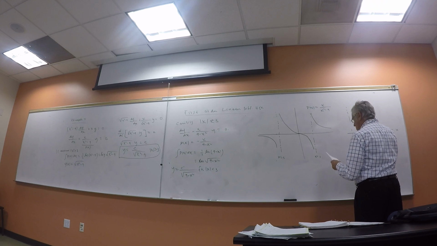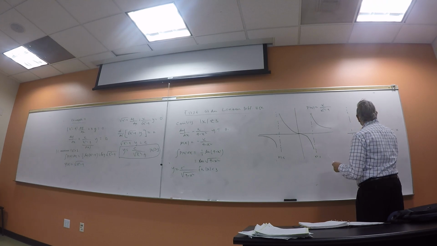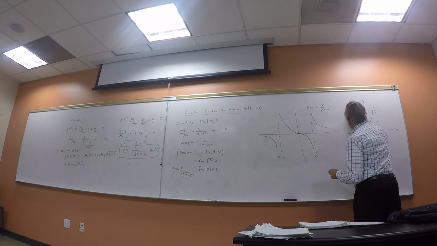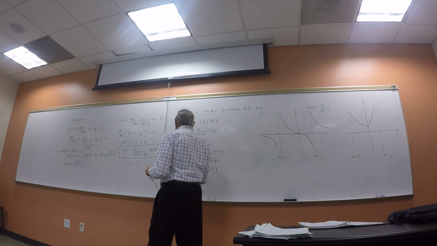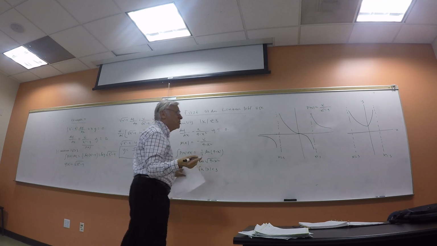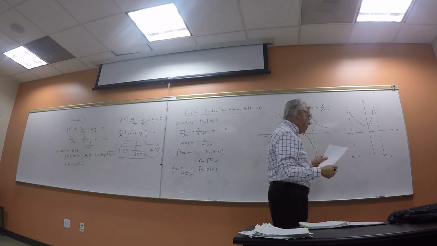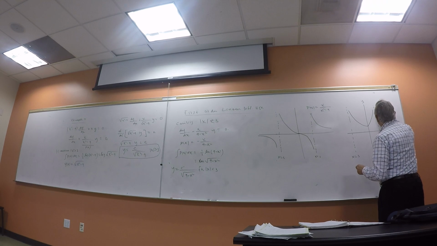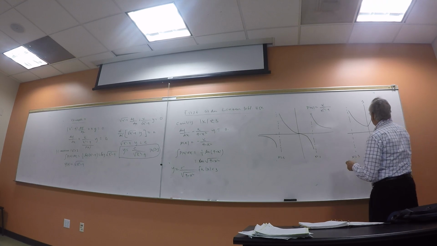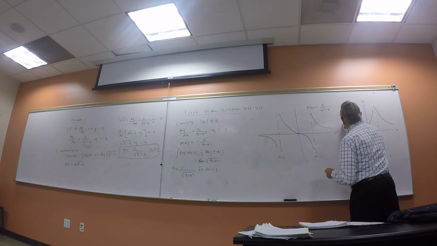And the solution basically goes like this. When x is equal to 0, this becomes something over 9, some constant, whatever it is. So it almost looks like a parabola between there and there. And then if you go to the right of x equal to 3, it looks like that. And to the left of x equal to 3, it looks like that.